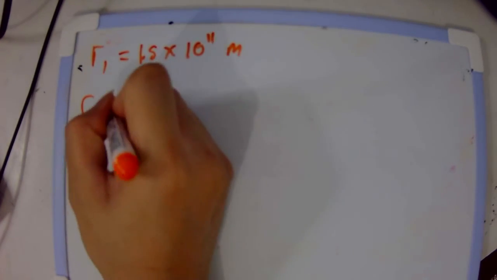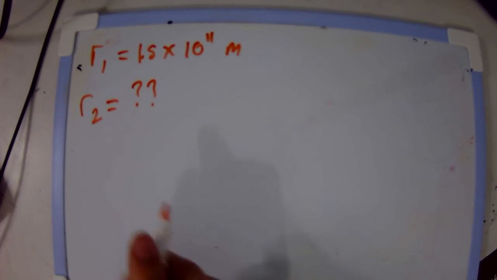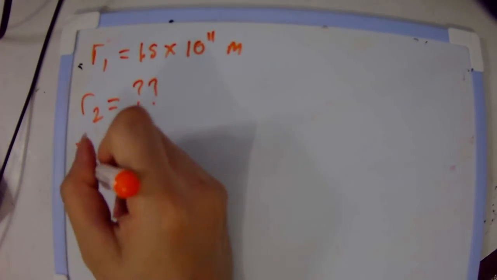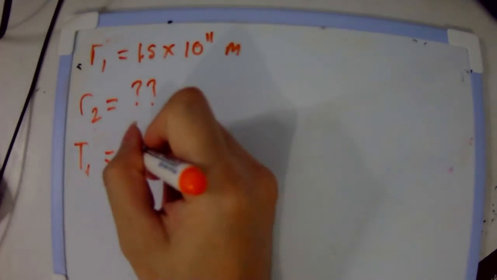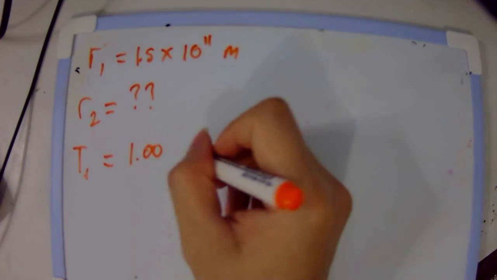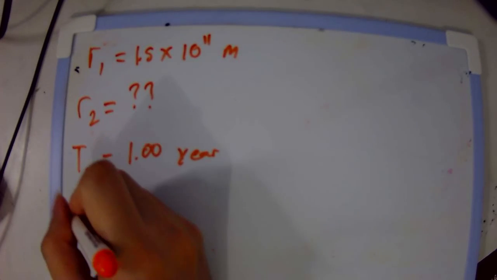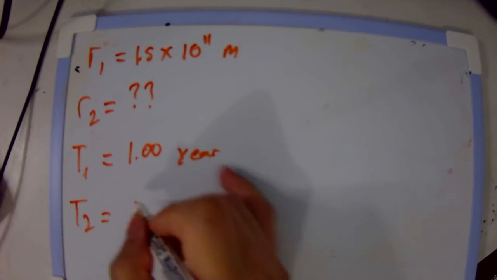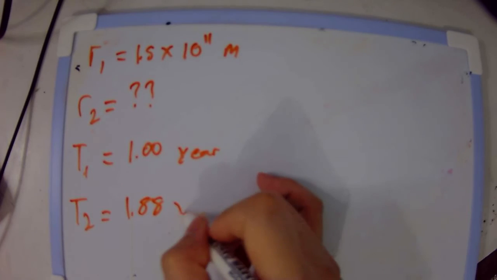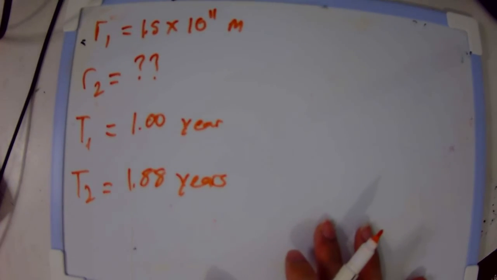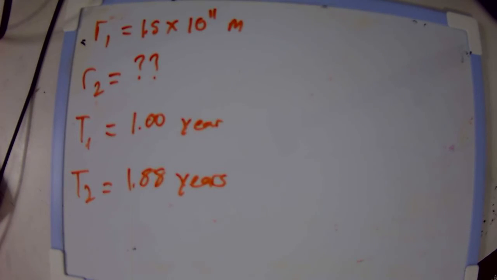R2 is not given. That is what we are looking for. Now the orbital period of the Earth, T1, is 1 year. And for Mars, T2, it's stated to be 1.88 years.